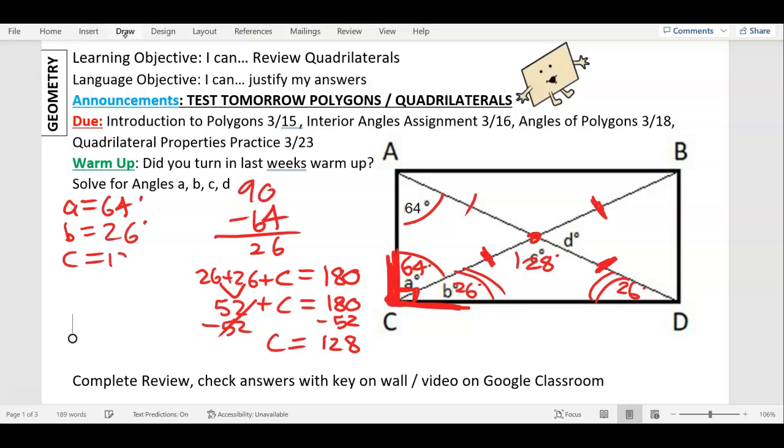Okay. I'm telling you, you're going to have to do this on your review because you're going to have to do this on your test. I hope you are paying attention. Okay. So, last step.